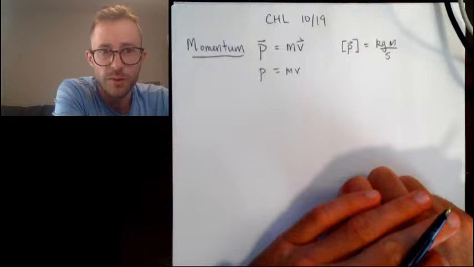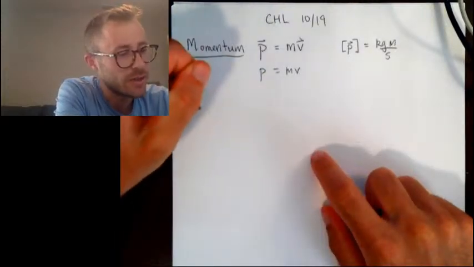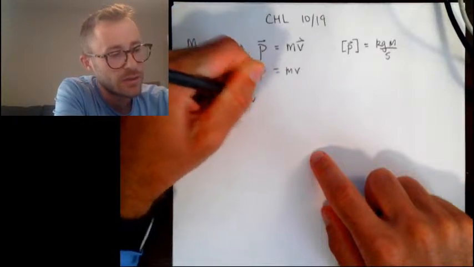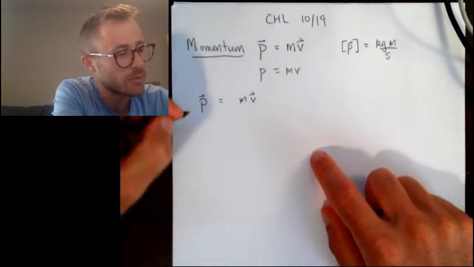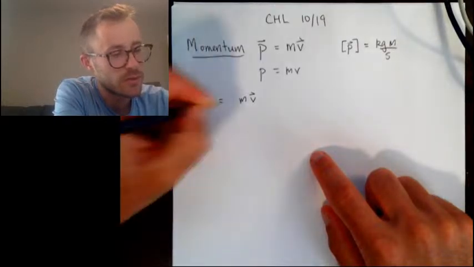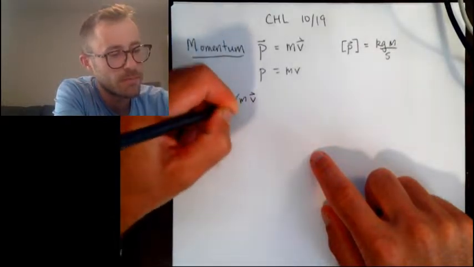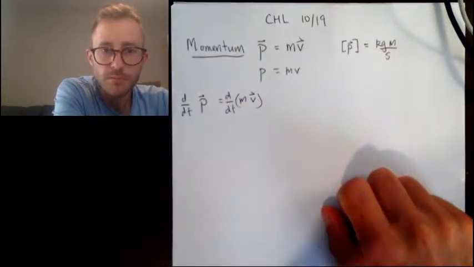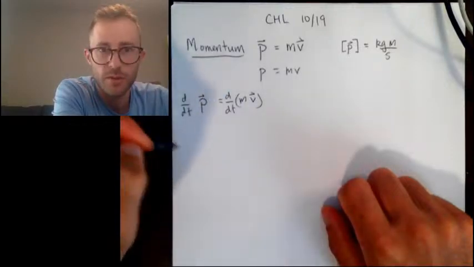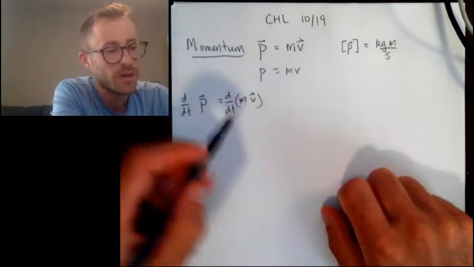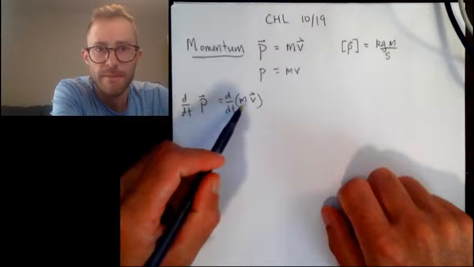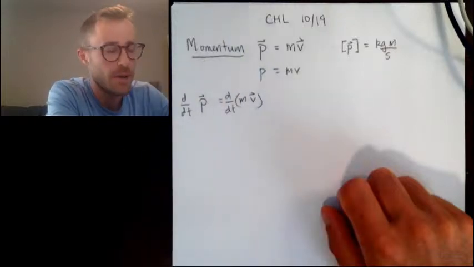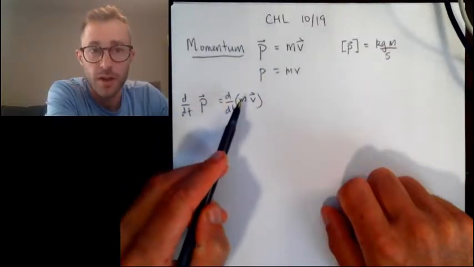So what I would like to do, first of all, is take the formula for momentum, and let's take the derivative of the formula for momentum with respect to time. Now, notice that the mass of the particle is going to be a constant.